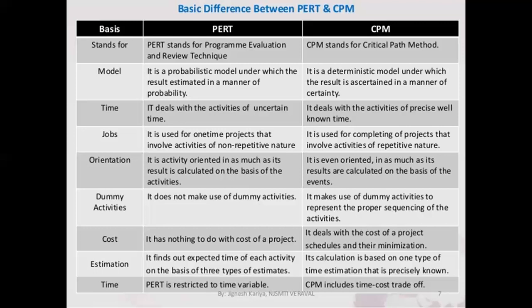And next one, PERT is suitable in defense projects and R&D, meaning research and development, where activity times cannot be predicted. And similarly, the CPM method is suitable in the industrial setting, plant maintenance, civil and construction projects, etc.